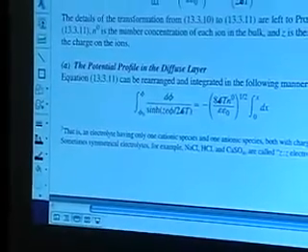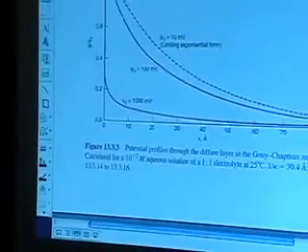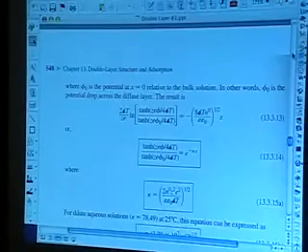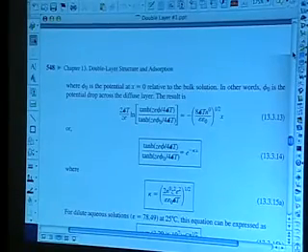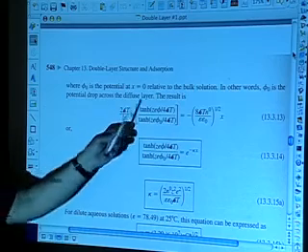And does anybody know what the integral of 1 over a hyperbolic sine is? Probably guess. It's a hyperbolic tangent. So when you solve for that, the integral of that is a hyperbolic cotangent.